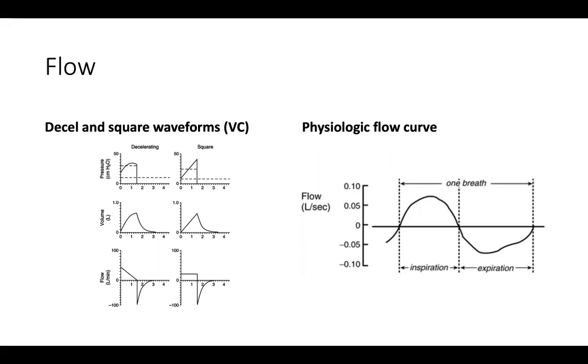The other thing that I'll point out is that with a square waveform, you're going to result in a higher peak inspiratory pressure than you would with a decelerating waveform. Of note, the plateau pressures will not change though. And I guess the other thing I would say too is that the decelerating waveform, which is more physiologic, can sometimes just be more comfortable for the patient, again, because you're not slamming air at them as much.